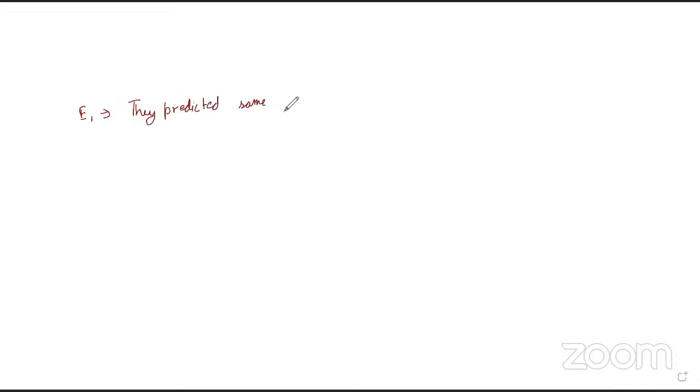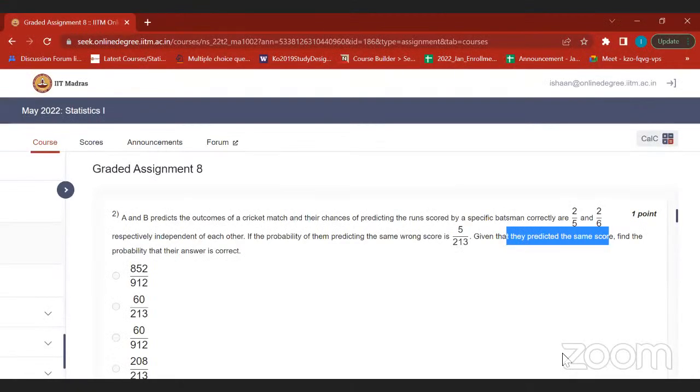And the condition will be correct and non-correct. We know that this event has occurred: they predicted the same score, this event has already occurred.